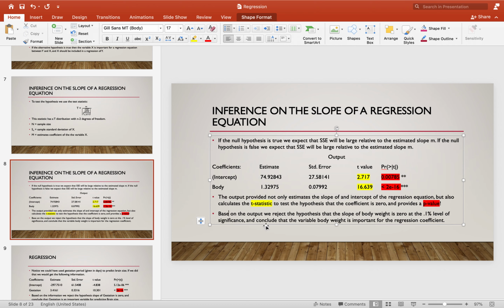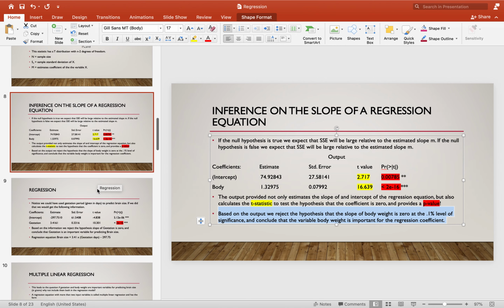And based on the output, we reject the hypothesis that the slope of body weight is 0 at the 0.1% level of significance. But we could even make this 0.1% smaller, since it's 2 times 10 to the negative 16th, much less than 0.1%. So this is our conclusion. I've highlighted it here. That's the emphasis of these slides so far.